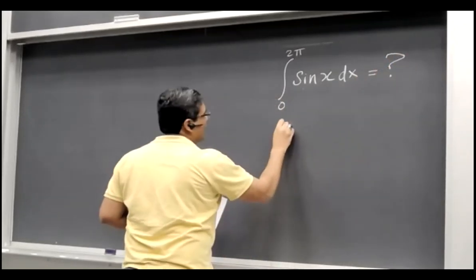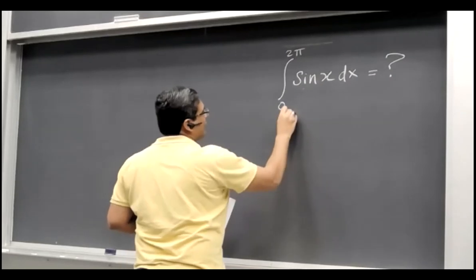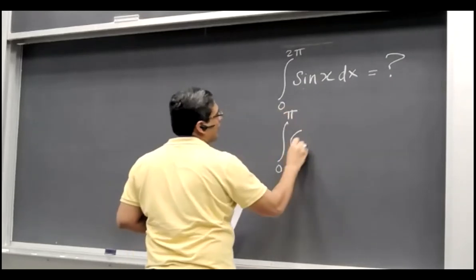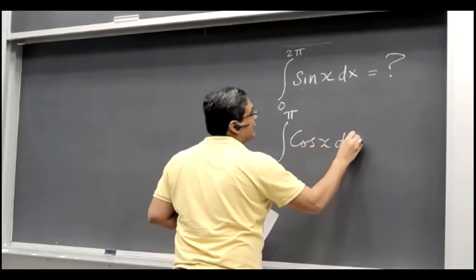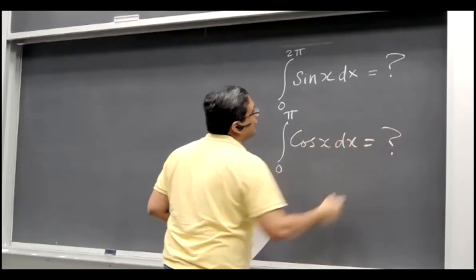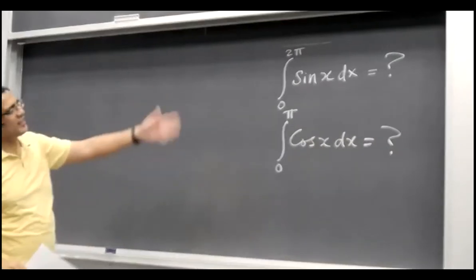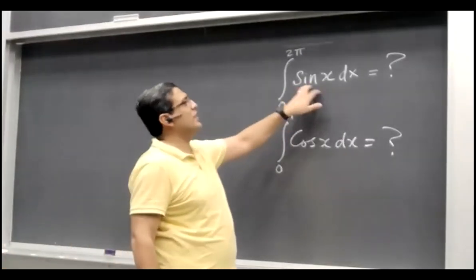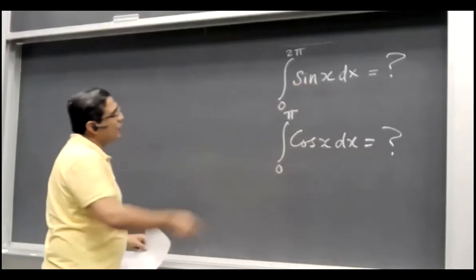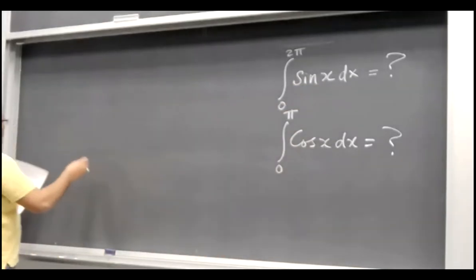You can also try integrating 0 to pi cosine of x dx. So if you get used to this idea of looking at the graphs and being able to do integration without doing the explicit integration, I'll do one of these to get the point across.